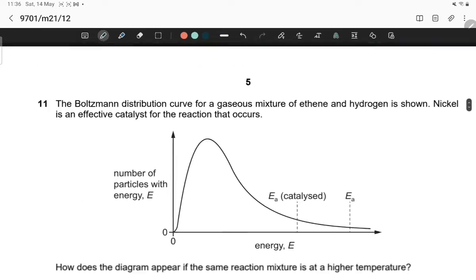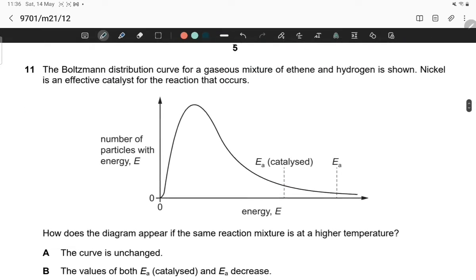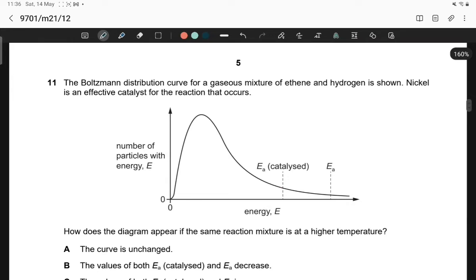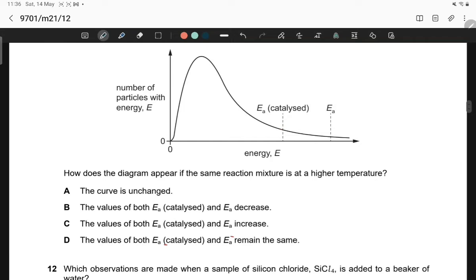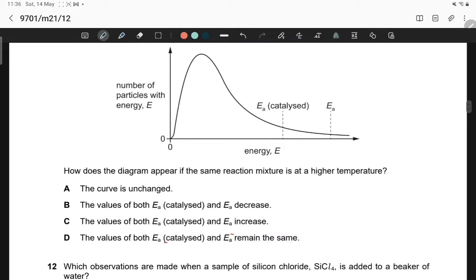Question number 11. The Boltzmann distribution curve for a gaseous mixture of ethene and hydrogen is shown. Nickel is an effective catalyst for the reaction that occurs. Okay, how does the diagram appear if the same reaction mixture is at a higher temperature?